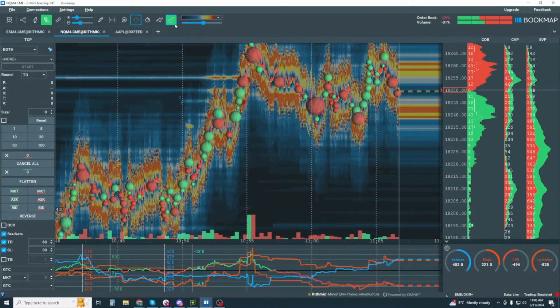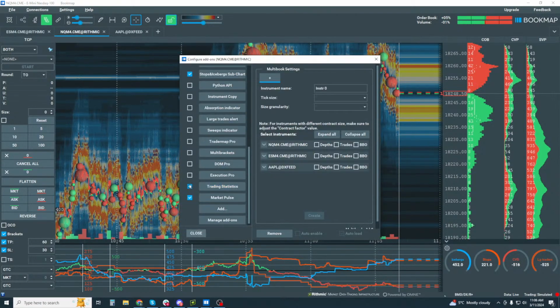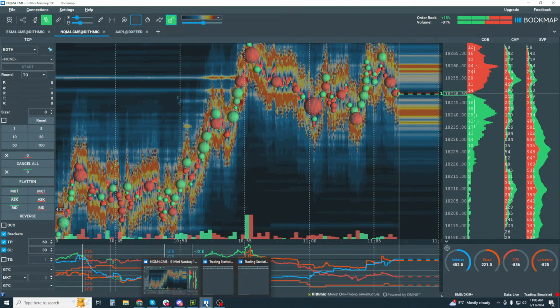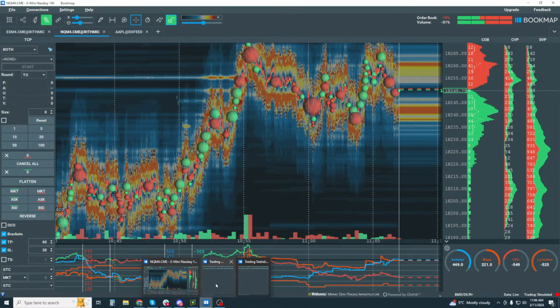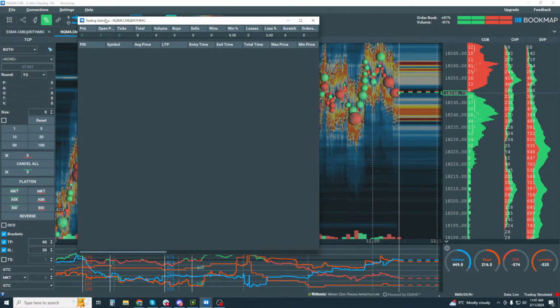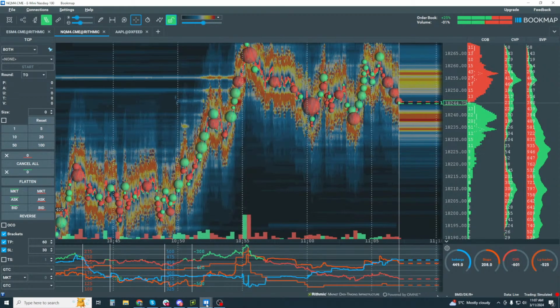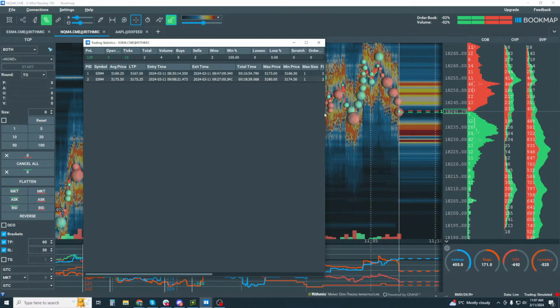So if we go over here and open up our trade statistics, see how I have it check marked here. You will also note down here with Bookmap, there's a couple extra windows. This is my trading statistics window. This is the one for NASDAQ, and you can see I haven't taken any positions yet. And this is my S&P here, and I've taken a few positions this morning.